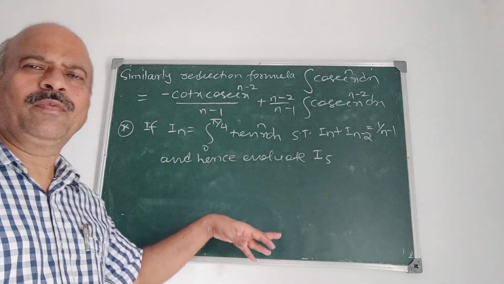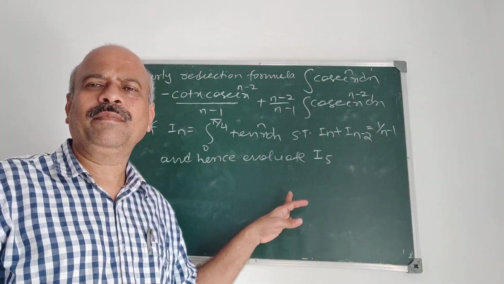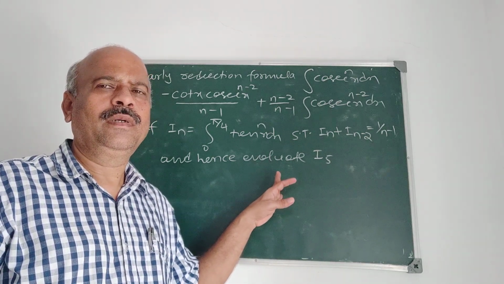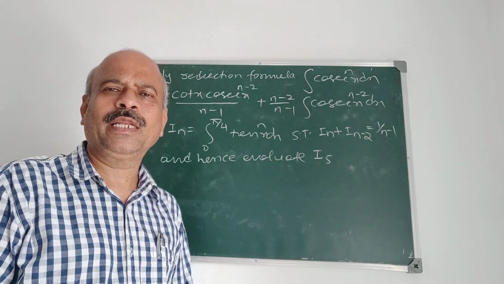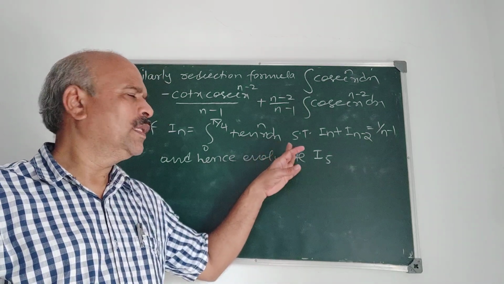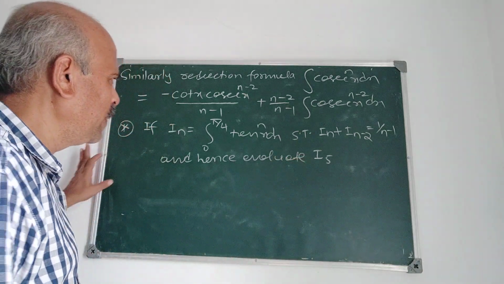These are some standard problems. I consider some 5 or 6 problems. They are important from the examination point of view. In the university examination, in the previous exam, they have been asked.